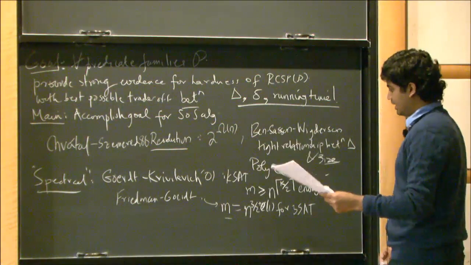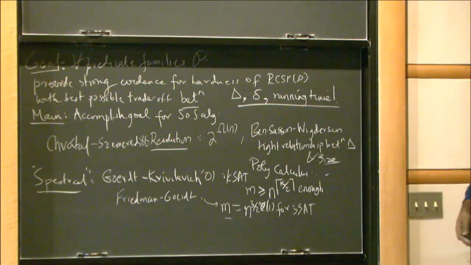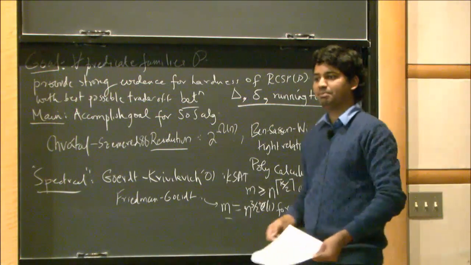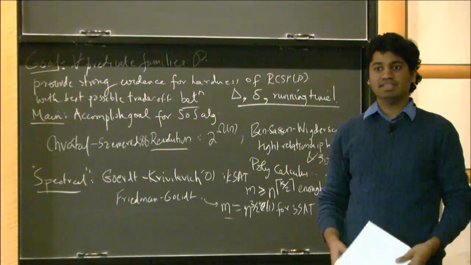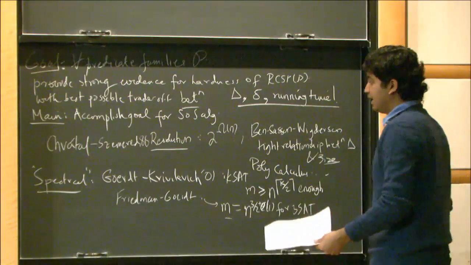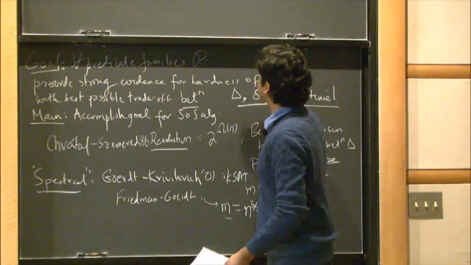Now you could ask, I have this spectral algorithm, and I can always try to beef up the spectral algorithm by adding more constraints, writing bigger linear programs and semidefinite programs, and I can ask, well, do they help me in the refutation task?